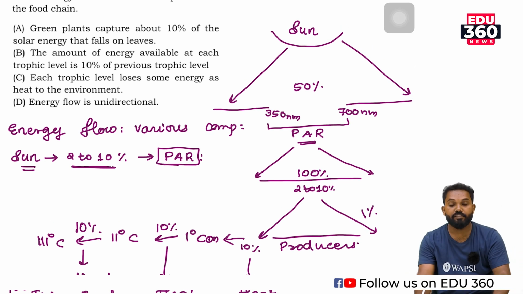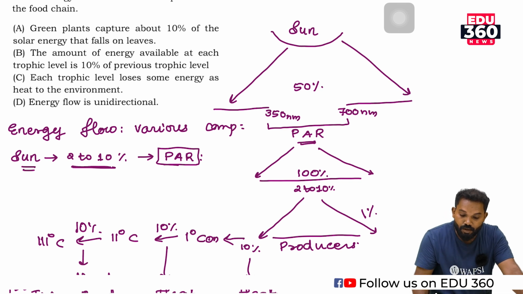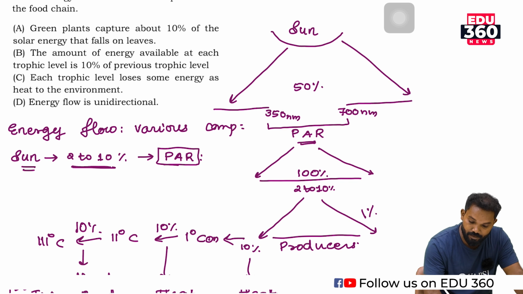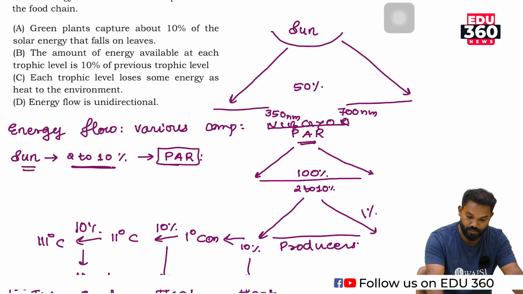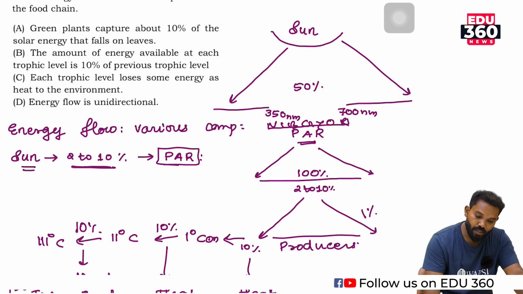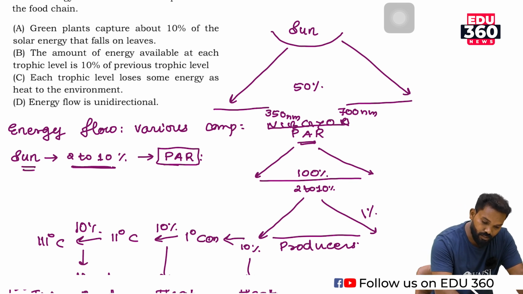That is, it is only 2 to 10% of the photosynthetically active radiation, VIBGYOR, visible light. VIBGYOR is only 50% of the total solar energy. So not 10%, only 1% of the total energy is captured, so this statement is wrong.